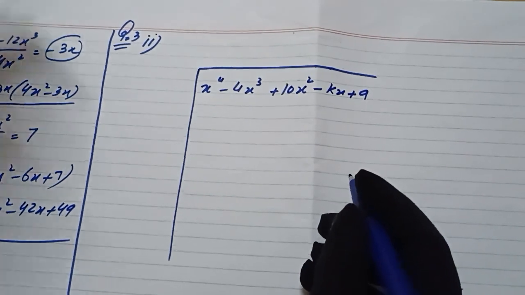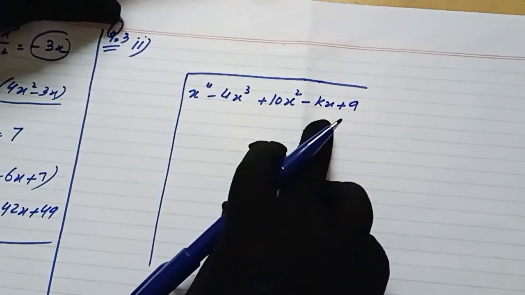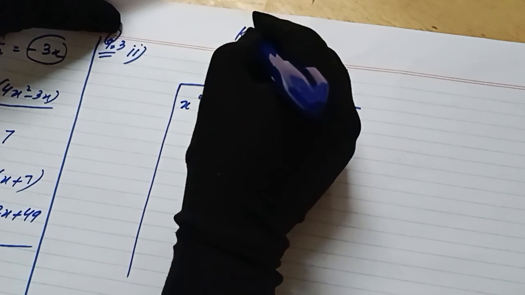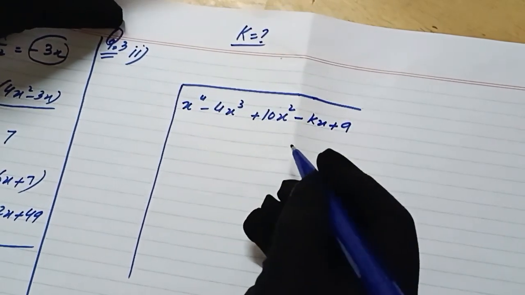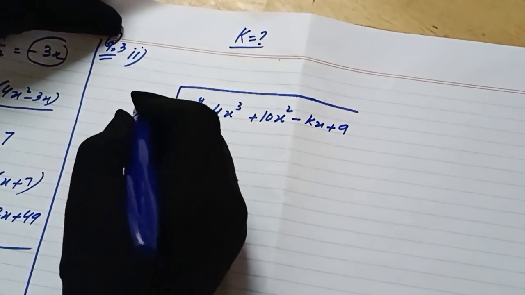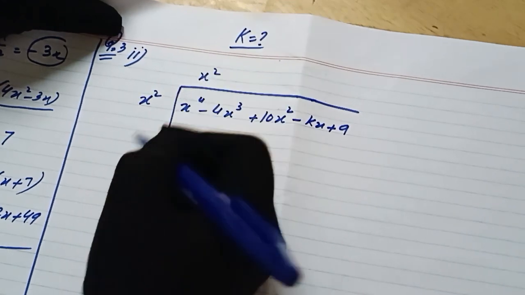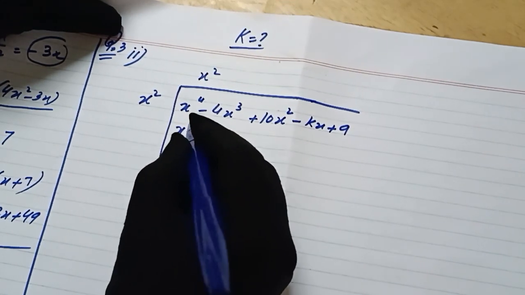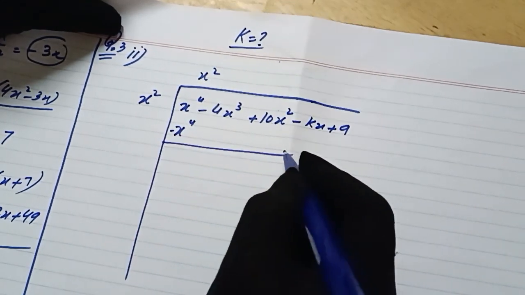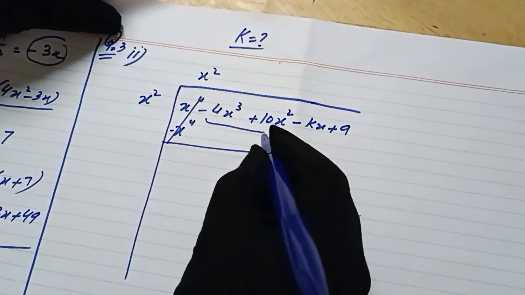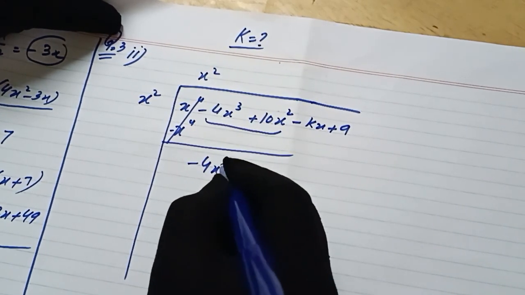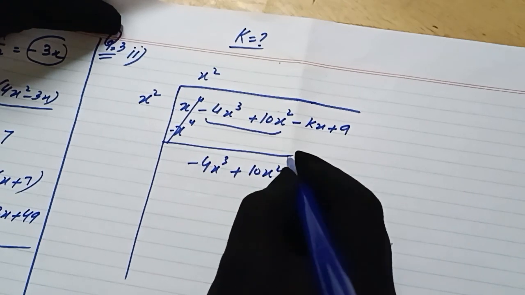Okay, in the next part, we have to find out the square root of this and again find out the value of k over here. Same, x^4 factorize as x square, x square. So they multiply to give you x^4, subtract, cancel, bring the next pair down, minus 4x cube plus 10x square.